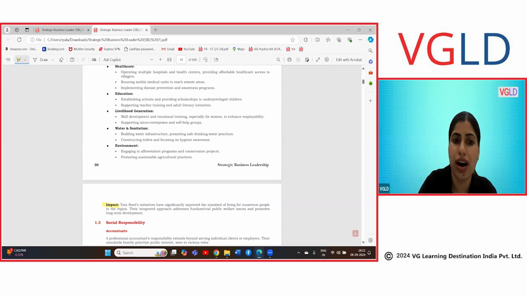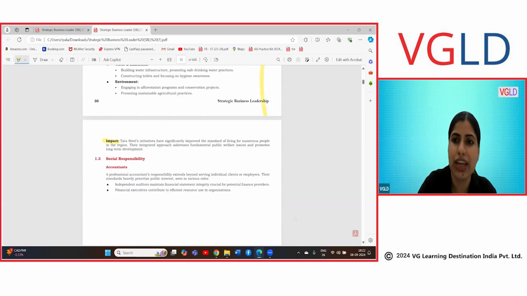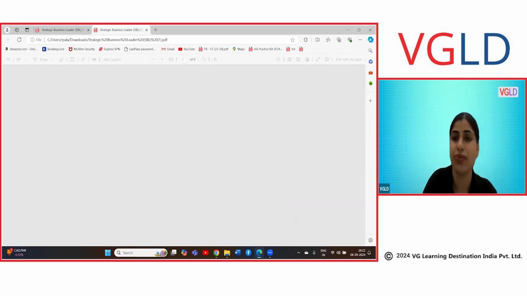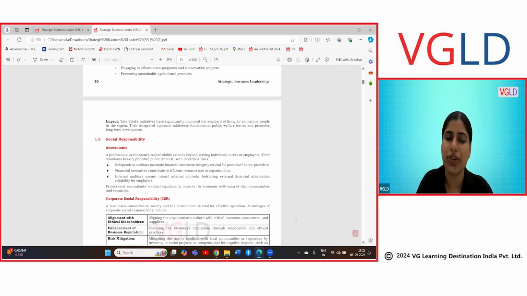Now, see, social responsibility doesn't come alone, right? Social responsibility means we have to think about the society. Being an accountant, we have to make sure that our responsibility is not limited to preparing the financial statements and accounts, but that the company whose financial statements we are preparing is unbiased, and the statements are prepared considering the effect on the society.